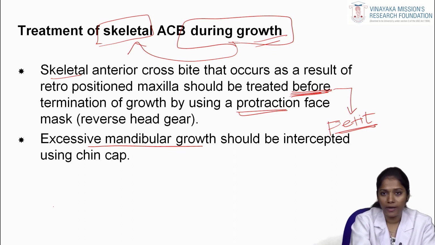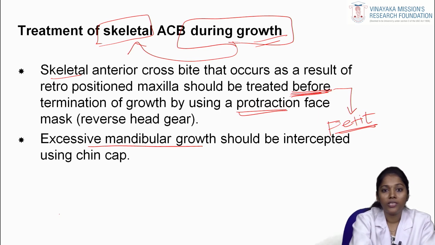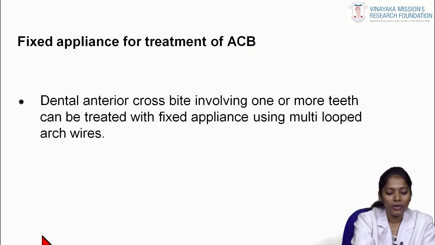In case of mandibular excess, we need to use a chin cup to restrict the growth, or in case of a combination, the same Petit face mask can also do the work. The Petit face mask is going to protract the maxilla. Also, the chin cup placed with the Petit face mask is going to restrict the growth of the mandible.